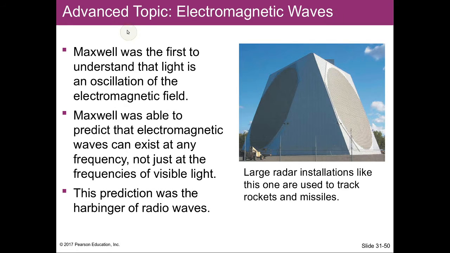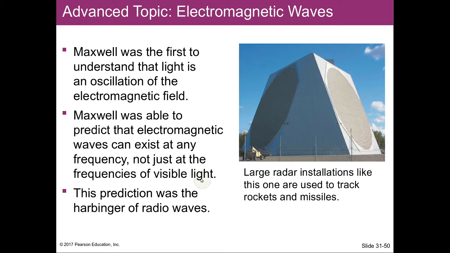Maxwell, as I just said, was the first to understand that light is an oscillation of the electromagnetic field and was able to predict that electromagnetic waves can also exist at any frequency, not just the frequencies corresponding to visible light, which is just a tiny sliver of the entire electromagnetic spectrum.